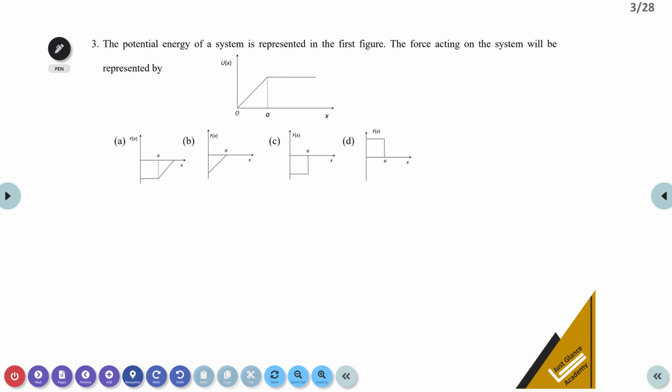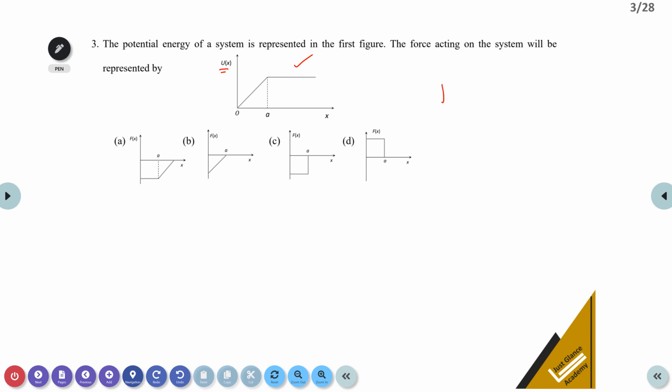Third one. The potential energy of a system is represented in the first figure. This is the figure problem. The force acting on the system will be represented by, this is the graph of potential energy against distance. Then which of the following graphs is correct, where the graph is plotted as force against distance?